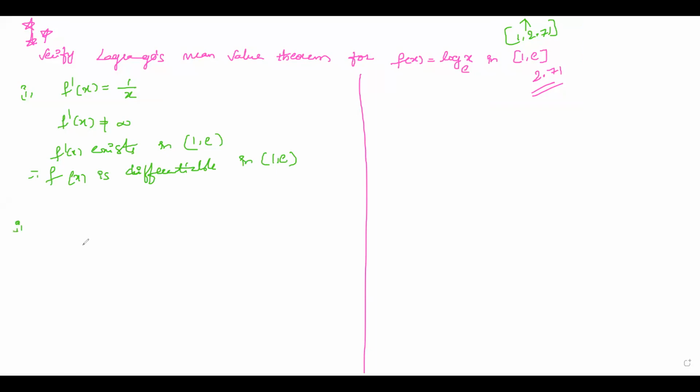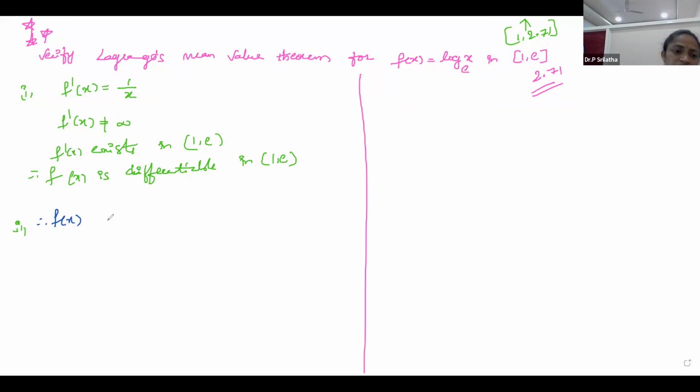So what about the second step? Whether the function is continuous or not. We already know that every differentiable function is continuous. Directly we can write f(x) is continuous in the closed interval [a, b], or [1, e]. We must write this condition: every differentiable function is continuous.